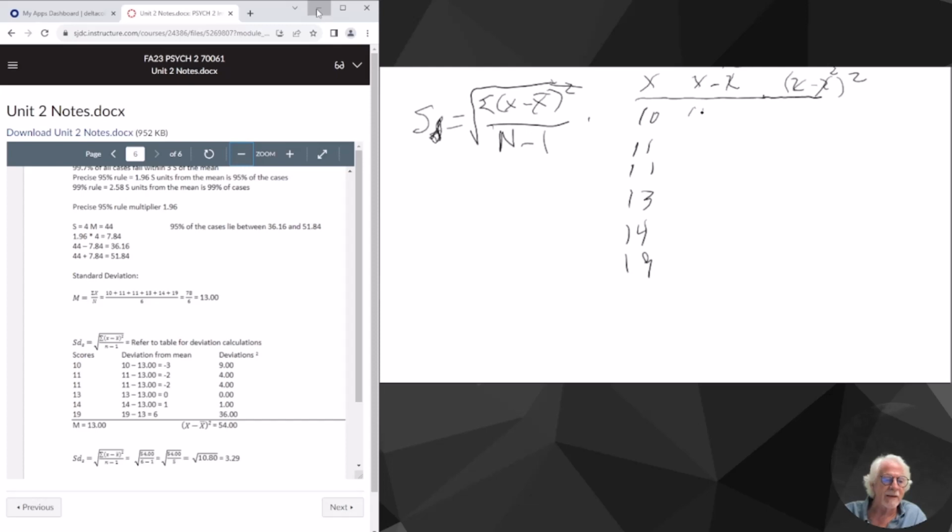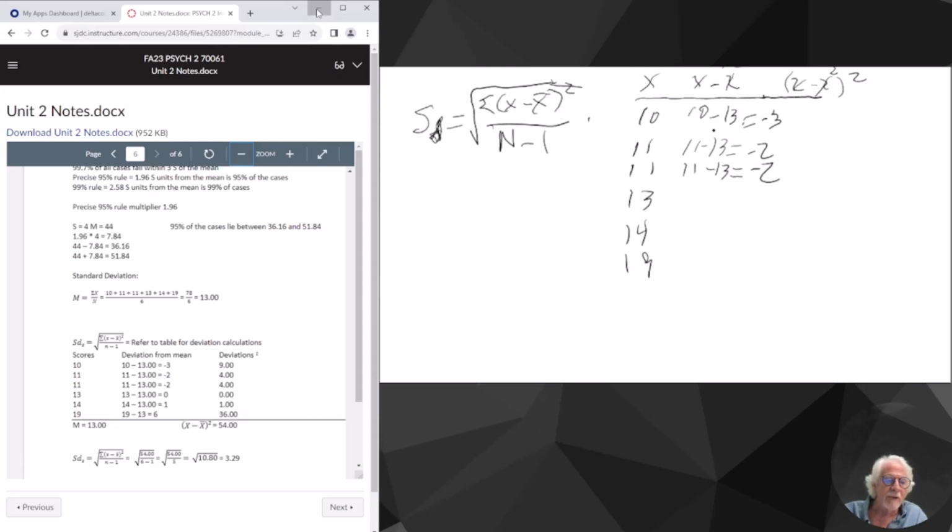So here I have 10 minus 13, which is negative 3. Here I have 11 minus 13, which is negative 2. 11 minus 13, which is negative 2.